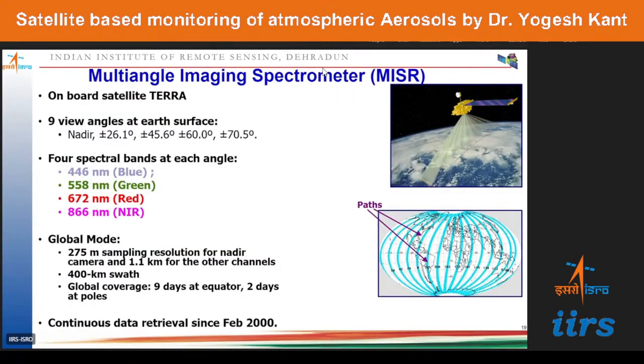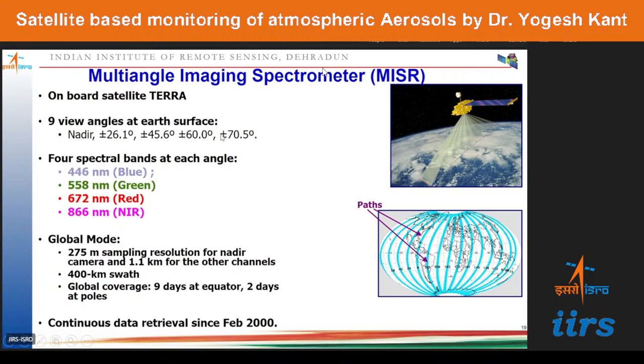Multi-angle Imaging SpectroRadiometer, MISR. This views in different spectral bands from visible to near infrared, and the beauty of it is it views at 9 different angles. Because it has to interact in the atmosphere at different angles, your path length will be different, and hence it estimates the aerosol loading differently and accurately.